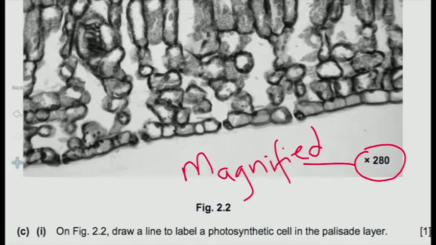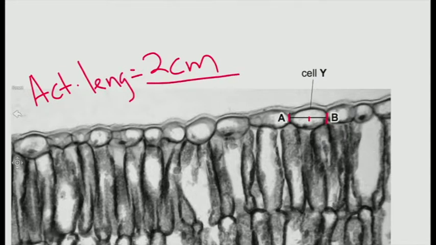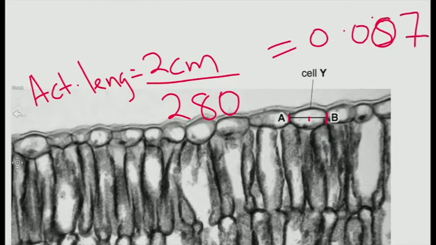Which means the actual length will be the 2 centimeters divided by the magnification. Actual length equals 2 centimeters divided by the magnification, which is 280. That gives 0.007. The answer is 0.007. So the key point here is to consider the magnification.